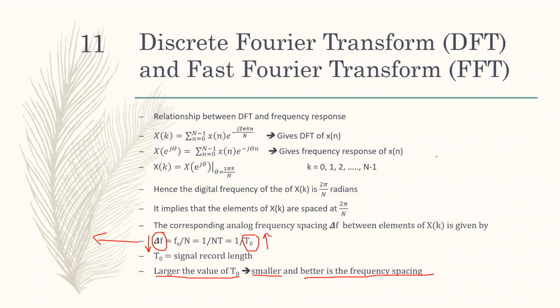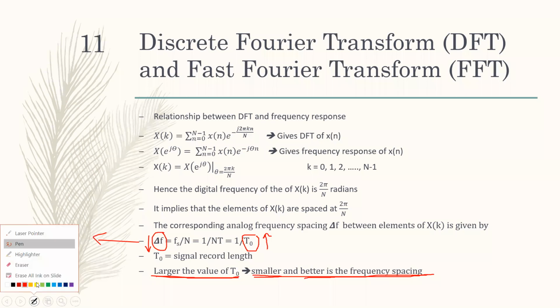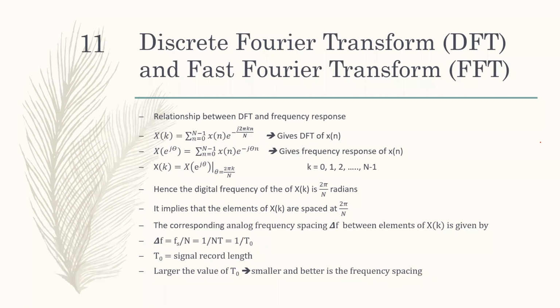You had seen the oversampling and undersampling conditions, so such things come in here. If T naught keeps on increasing, the frequency spacing becomes smaller and better. That is what happens in this case.